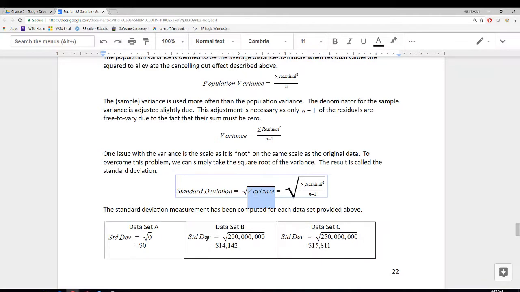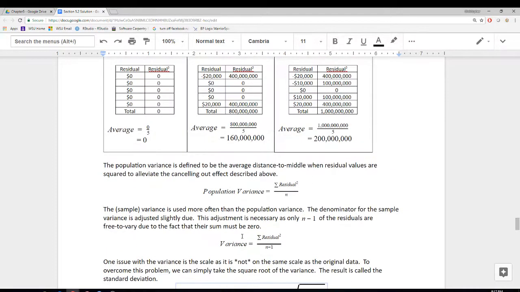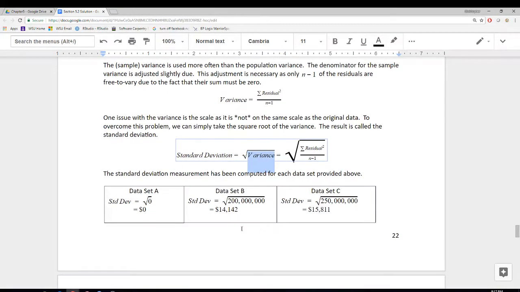So now when I do that, for data set B, I need to take the square root of this 200,000, or 200 million, excuse me. And when I take the square root of that 200 million, I get about 14,000. So the standard deviation for data set B is about 14,000. The standard deviation for data set C is about 15,000, pushing 16,000.